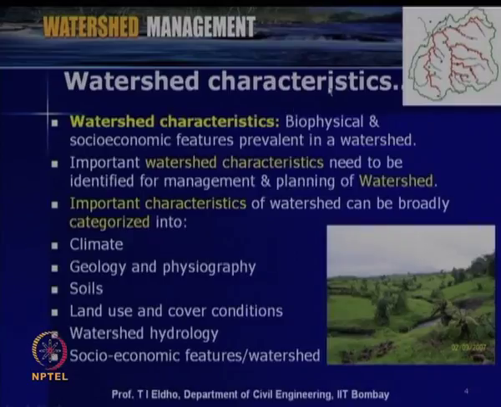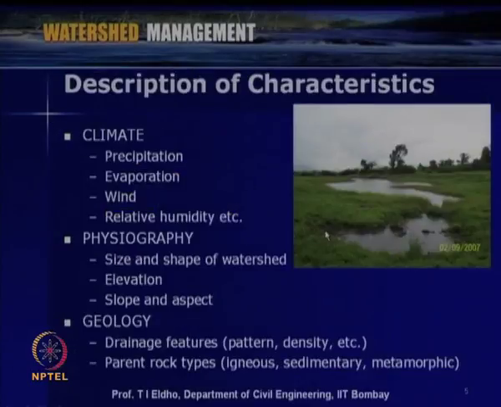We have seen many parameters in the last slide, and those parameters and many other parameters we can classify into about 6 classes: climate, geology and physiography, soils, land use and land cover, watershed hydrology, and socio-economic features of the watershed. Now let us see what the important characteristics are within each of these classifications or groups.